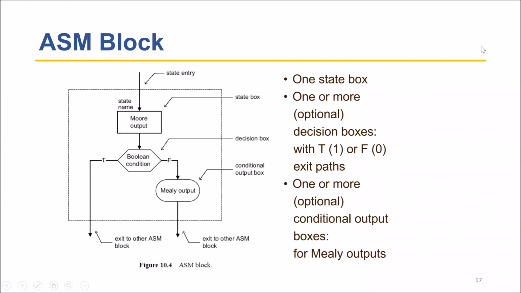We can divide the ASM chart into multiple ASM blocks. Each ASM block contains 1 state box, 1 or more decision boxes, and 1 or more conditional output boxes. However, having a decision box and Mealy output is optional.